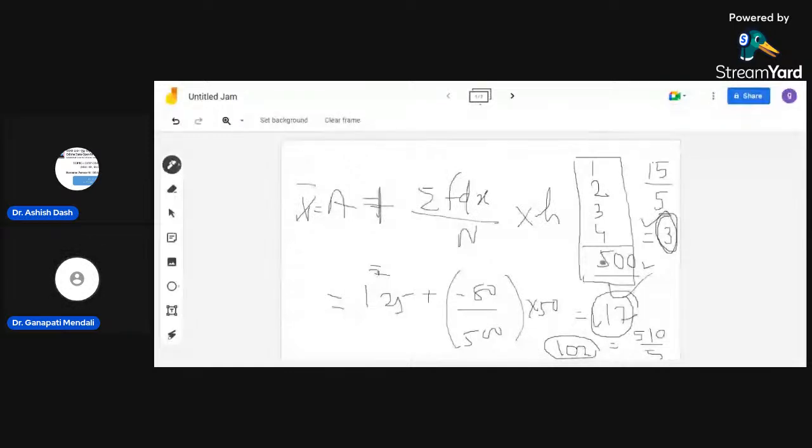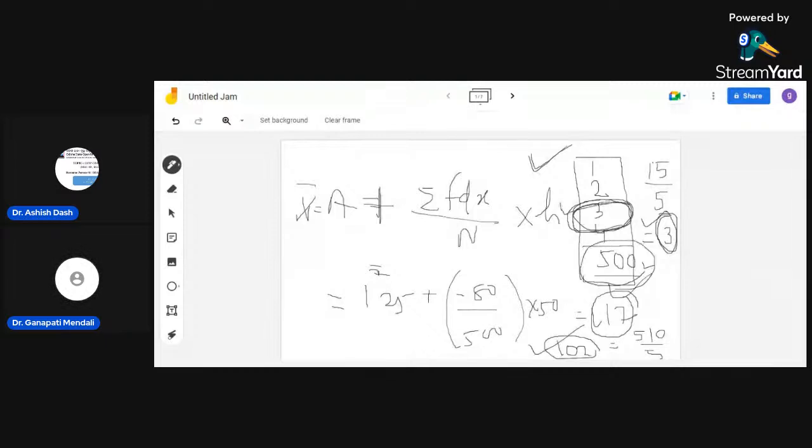But if instead of 5 the observation is 500, then our arithmetic mean is 102. But if we take another positional average like the median, the median value will be 3. That we'll discuss after some time. It is the middlemost value. Even if there is some extreme value, the median value will not be affected. So the mean is unduly affected by the extreme value.